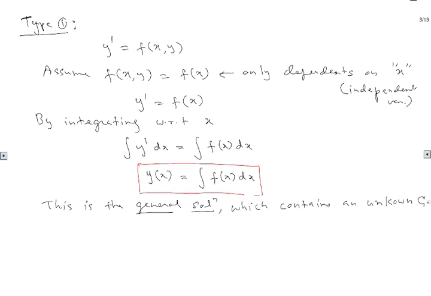There is a c, but we normally don't write it because the indefinite integral contains an unknown c. I'm going to write a small note here: the indefinite integral contains an unknown c. It will be clear once we do some problems.